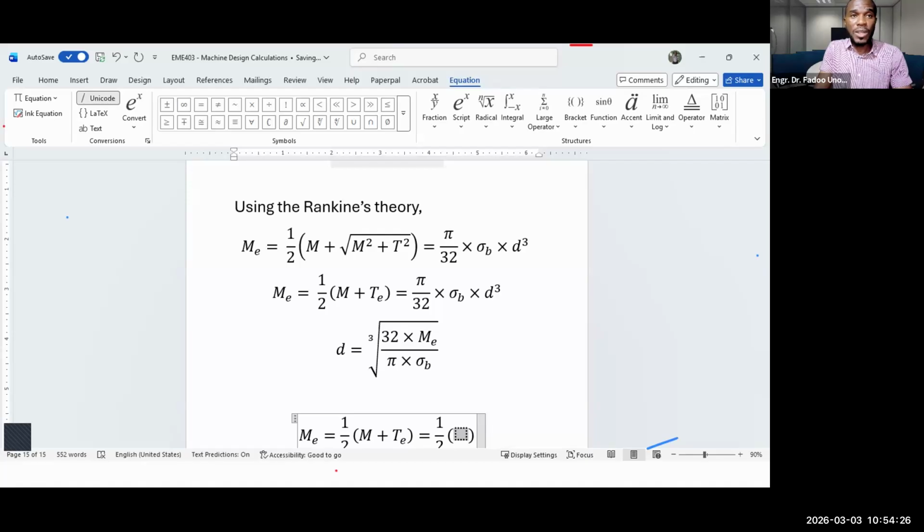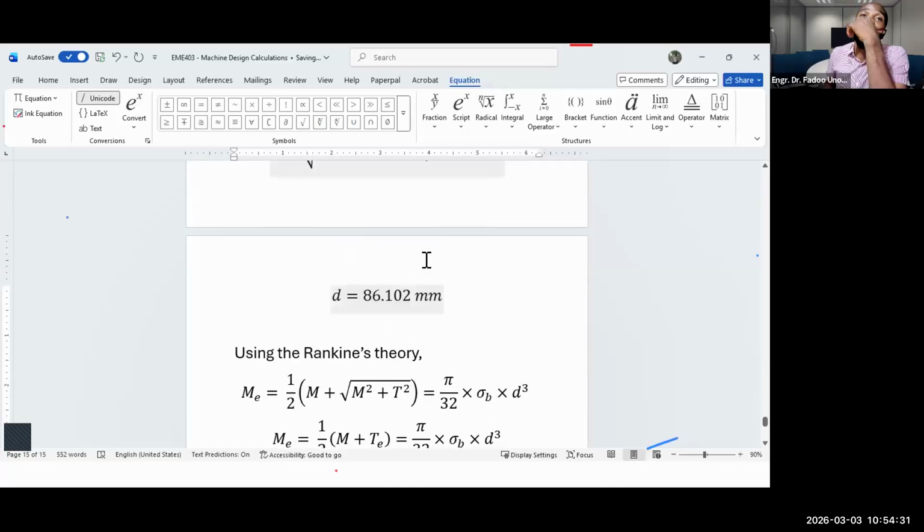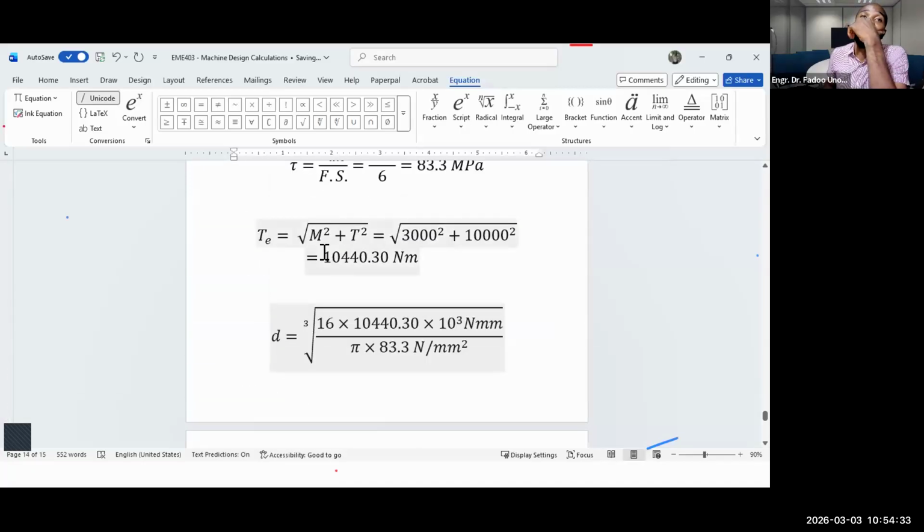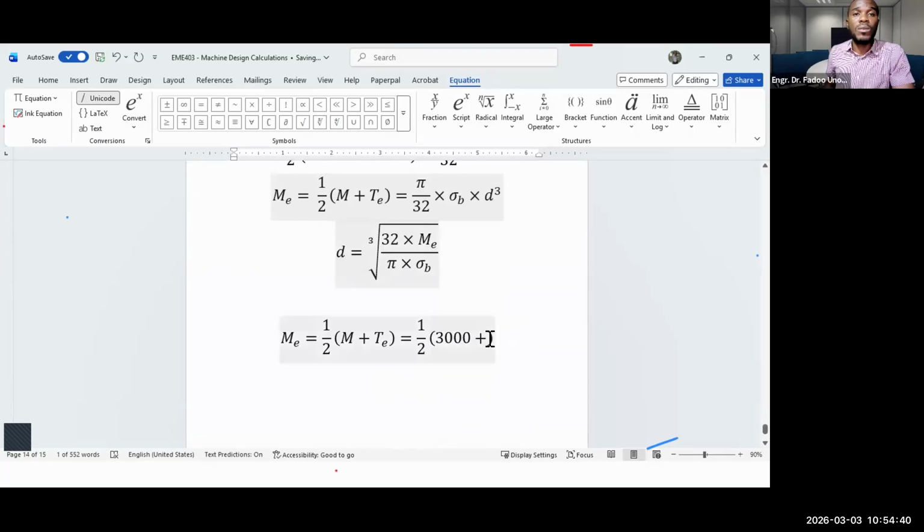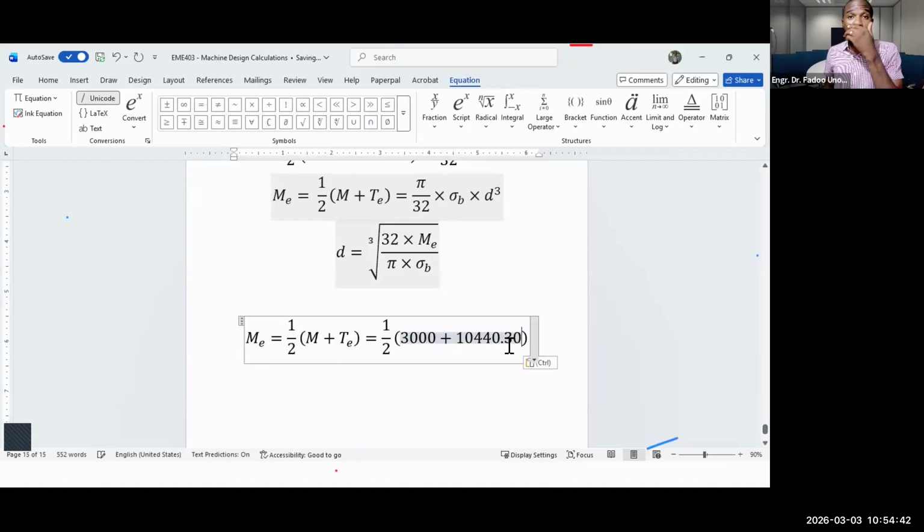M was 3,000, right? 3,000 plus what was T_e that we found? This guy here. So add those two guys, find the half of them, and give me what is M_e.